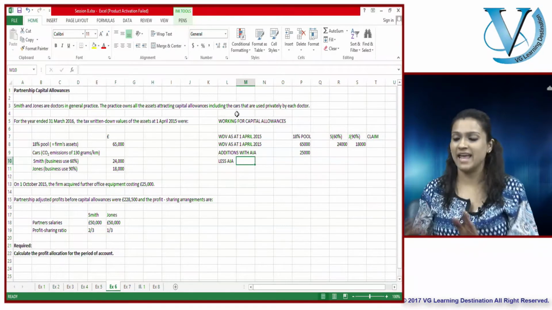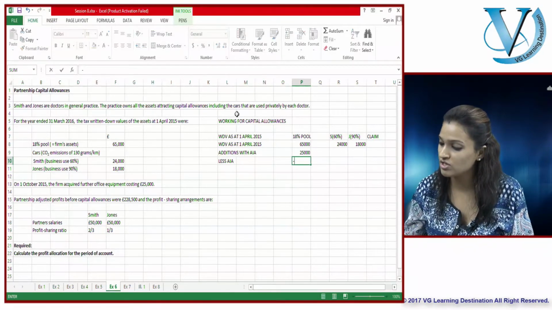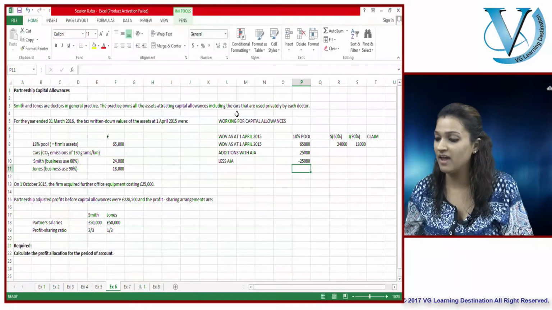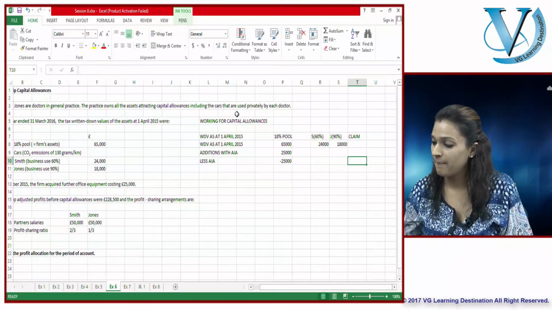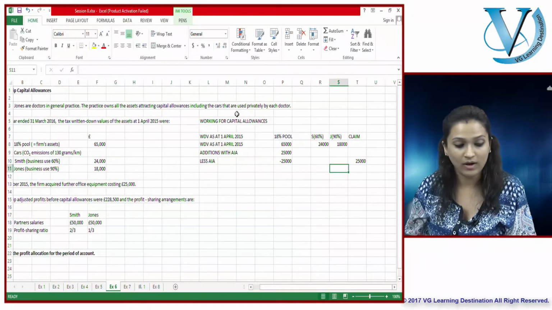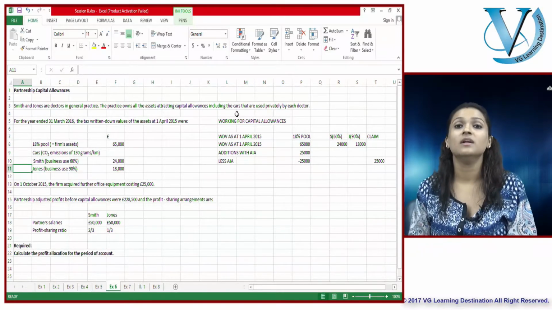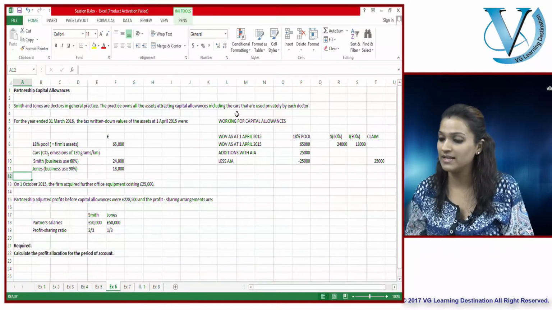Always follow the same rules. Do not get confused. Very, very simple. Give AIA, claim AIA. Right? What next? Is there any asset with FIA? There is none. So what else do I have?